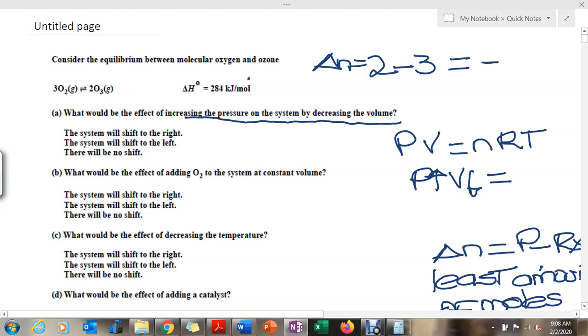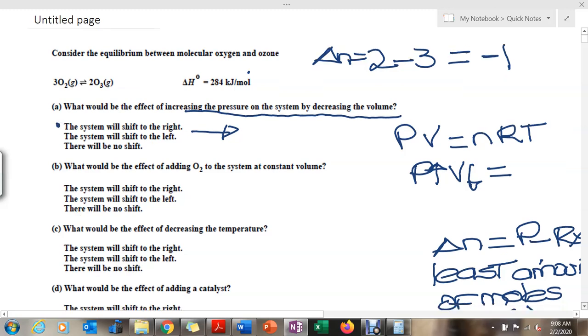So delta N is negative, meaning that the reactant has more moles than the products. So if you increase the pressure, the equilibrium will shift to the right because you have fewer moles in the product than reactant. So it will shift to the right.